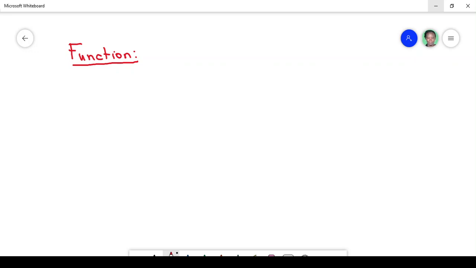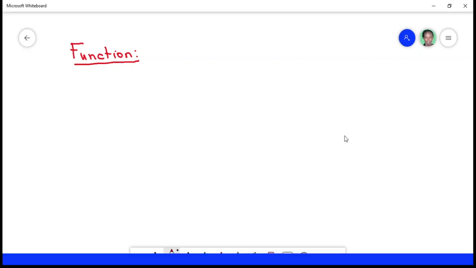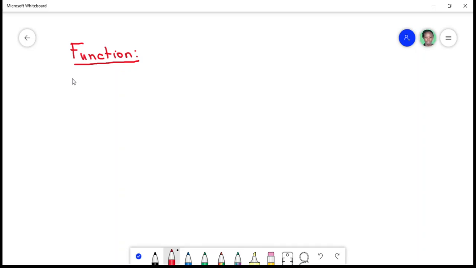So now let's look at the definition of a function. Let's say we have two sets, x and y, and these two sets are non-empty. They are two non-empty sets.